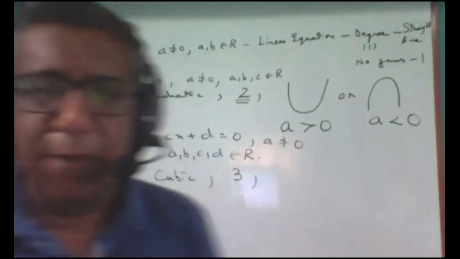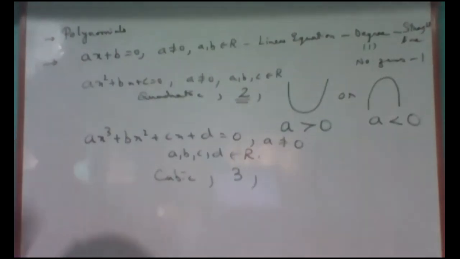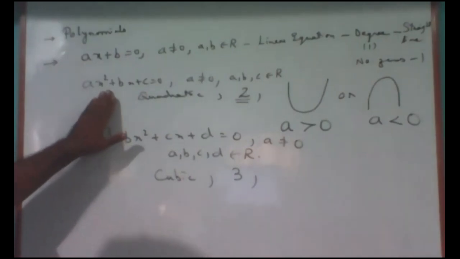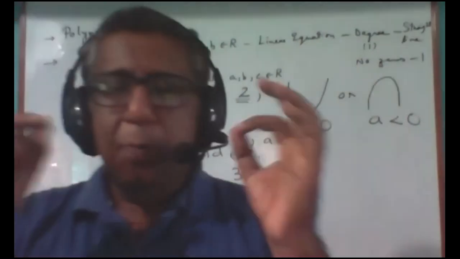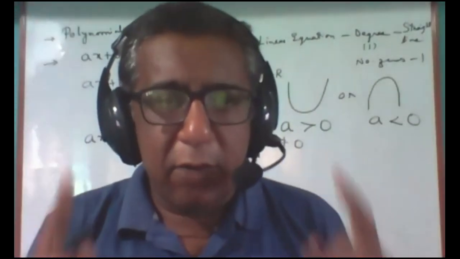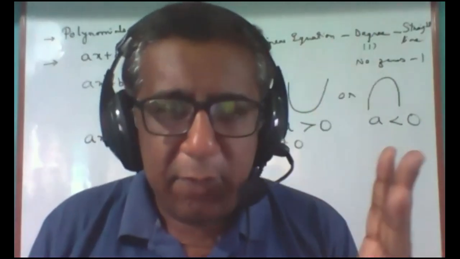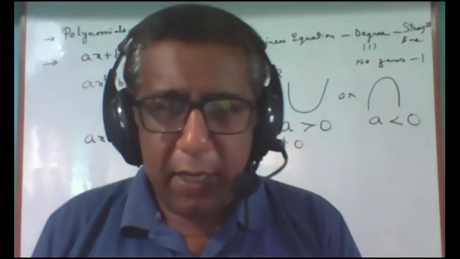First of all, the definition of the polynomial is variables with the powers. What are the powers? They can be integers. Then it is said to be a polynomial. So we studied about linear, quadratic, and the third one is cubic.